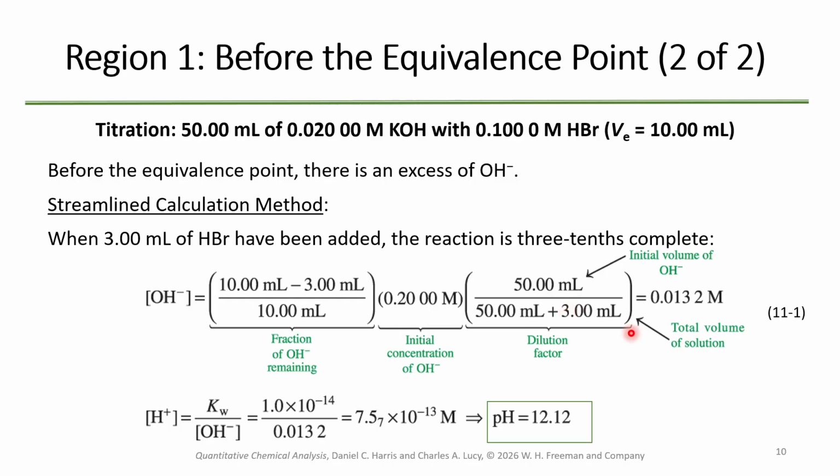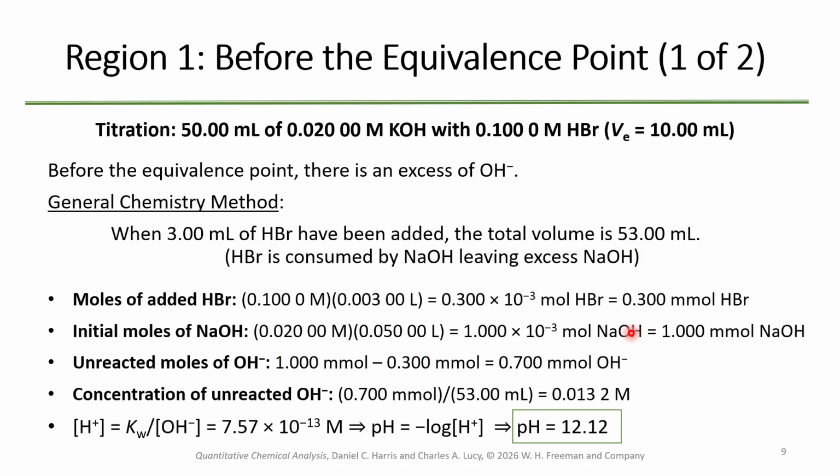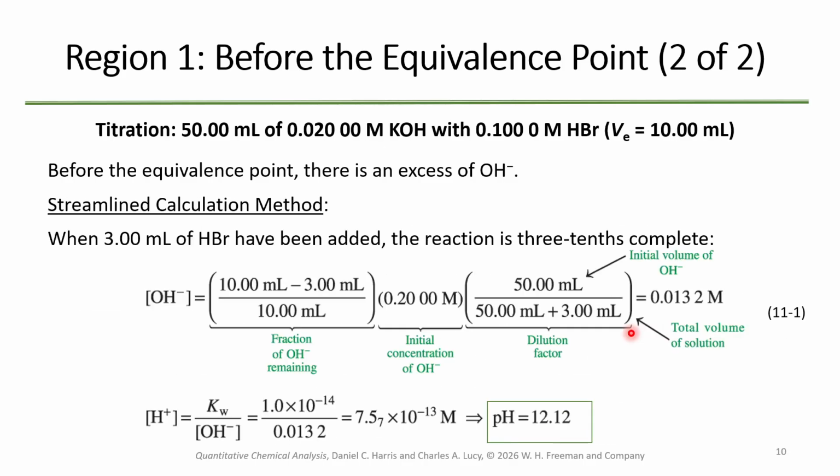And so now instead of having 4 lines of equations that are about the same length as what we just did, we can do this in 1 line of equation. That's like, what, a fifth the length, a fifth the work. Okay, again, that will give us our OH minus concentration. We still have to take the Kw divided by that, and the negative log of that value. That's going to give us our pH.